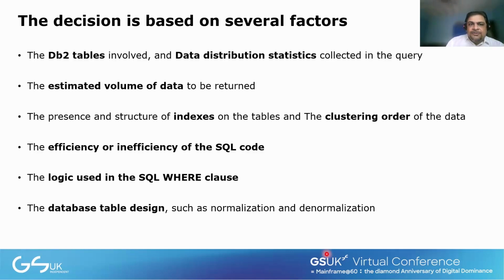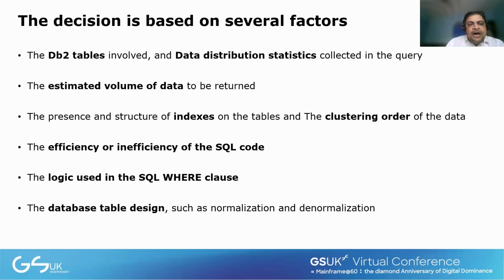The overall application design, how the tables are structured, whether they are normalized or denormalized, also influences. So these are several factors which influence the optimizer's call and the finalizing of the access path.